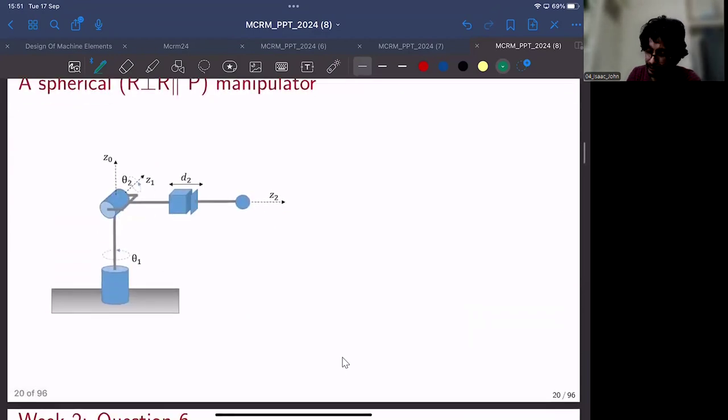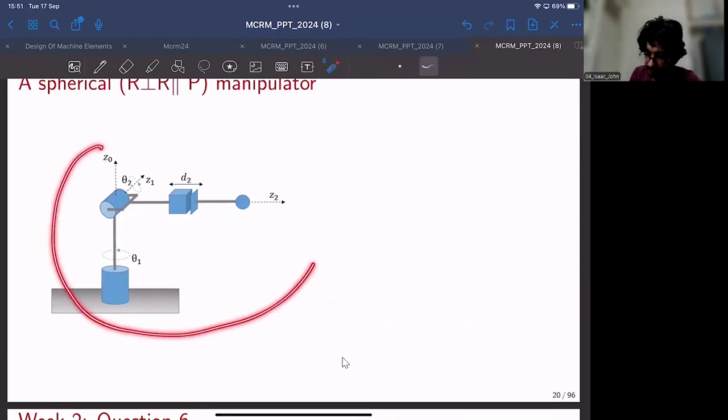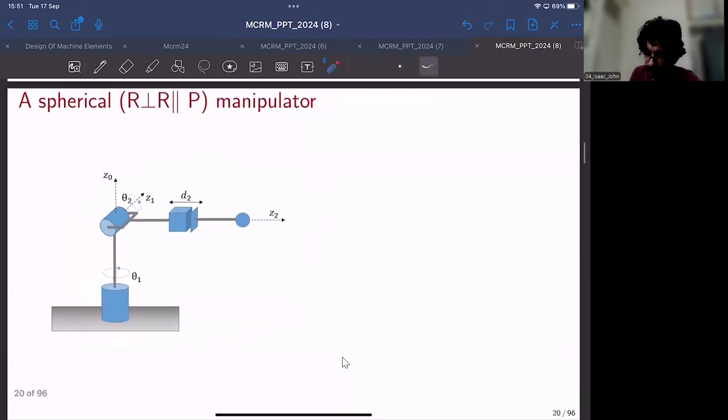And then as an example, we have in the live lecture, see how to assign the frames of a spherical manipulator, an R parallel R, R perpendicular R parallel P, where the first revolute joint and the second revolute joint are perpendicular, and the second revolute joint is also perpendicular to this prismatic sliding joint. So this should also be perpendicular, probably a mistake. So in effect, you will get a spherical manipulator.